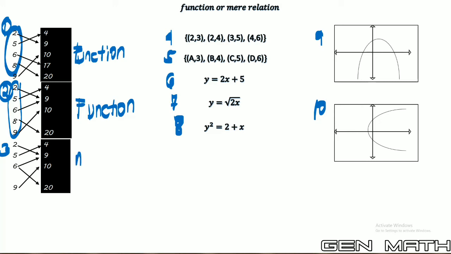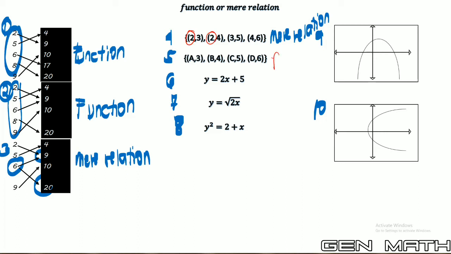Number 3 is a mere relation because you can find a number that is mapped to two numbers in the range, that is 6, which is mapped to 9 and 20. Number 4 is a mere relation because there is a repeated value of x that is 2.